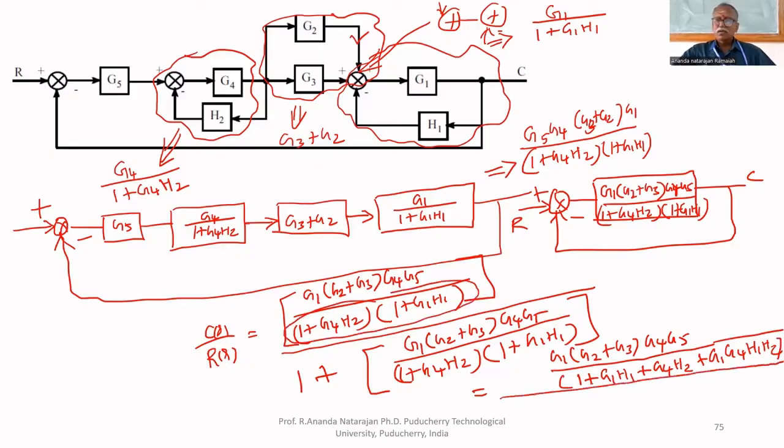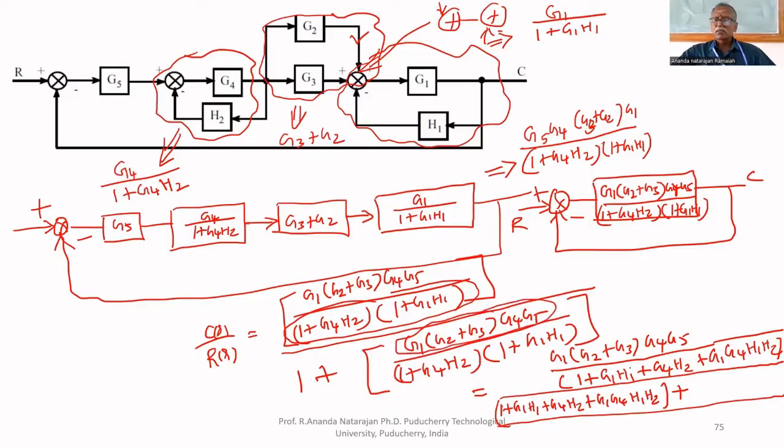If you take LCM of this, what will you get? 1 plus G1H1 plus G4H2 plus G1, G4, H1, H2. This is instead of 1, because I am taking LCM, whole divided by, plus this part we have to write.